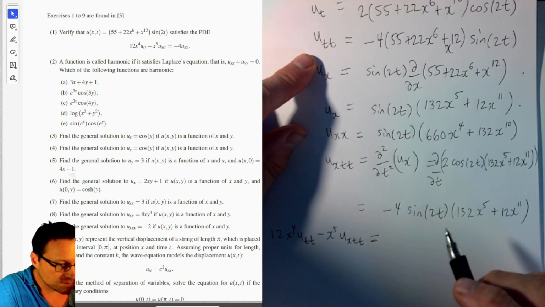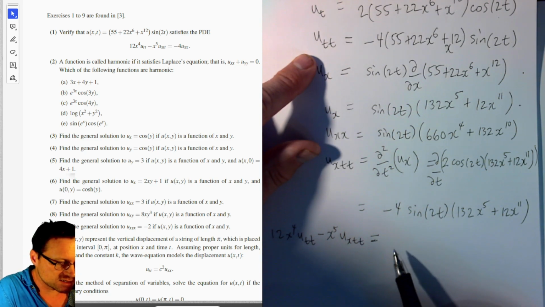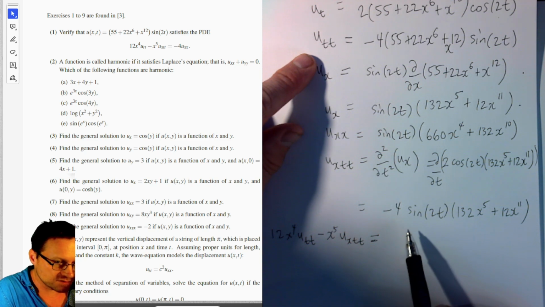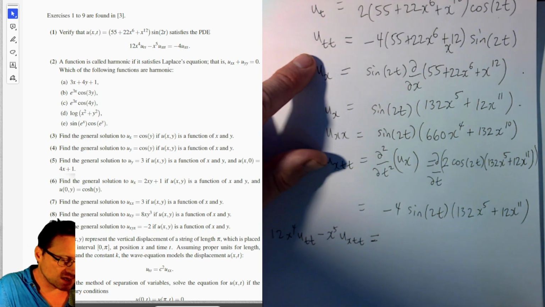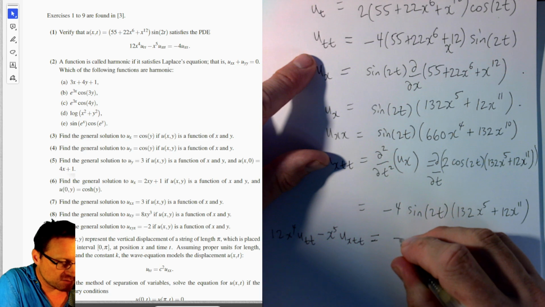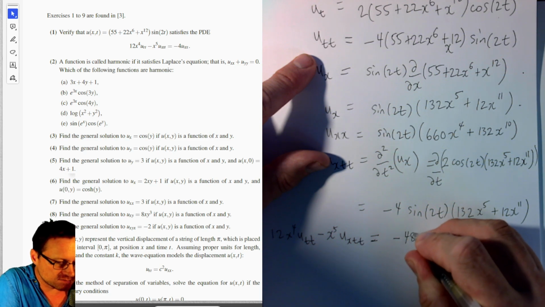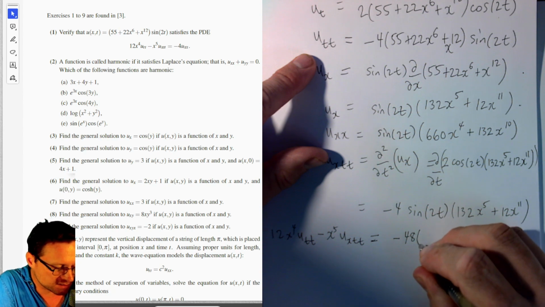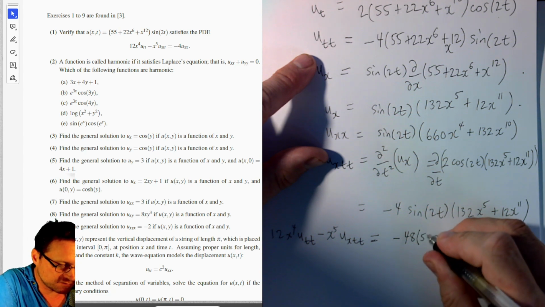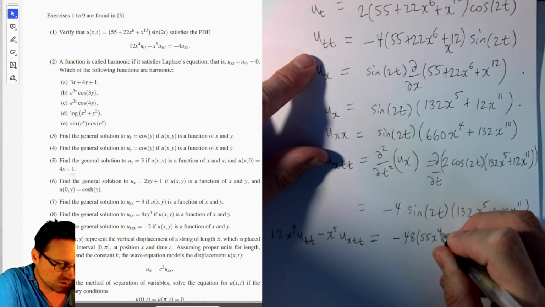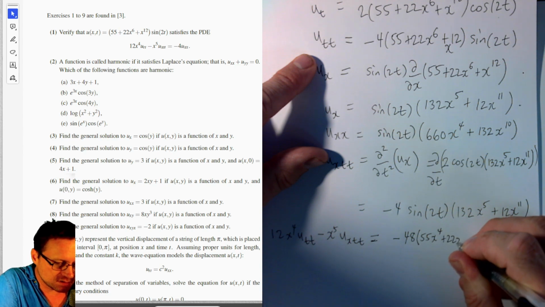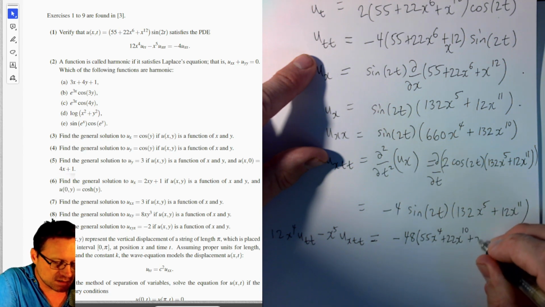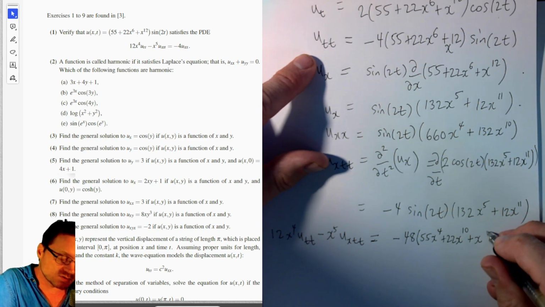It's up here. So multiplying this by 12x to the 4th. Okay, so then we have minus 48 for 12 times 4. Then I'm going to put the x to the 4th inside the bracket. So I'll have 55x to the 4th plus 22x to the 10th plus x to the power of 4 plus 12 is 16.